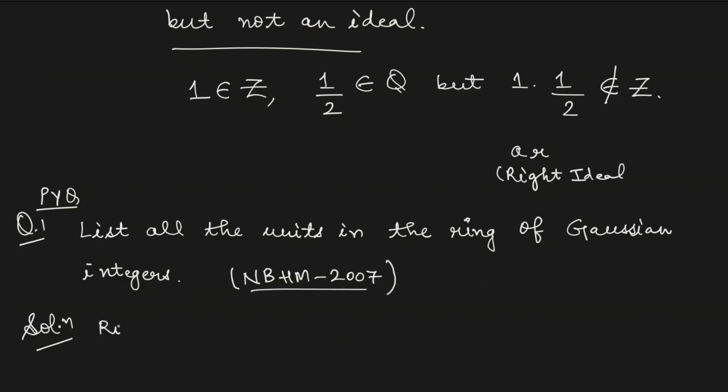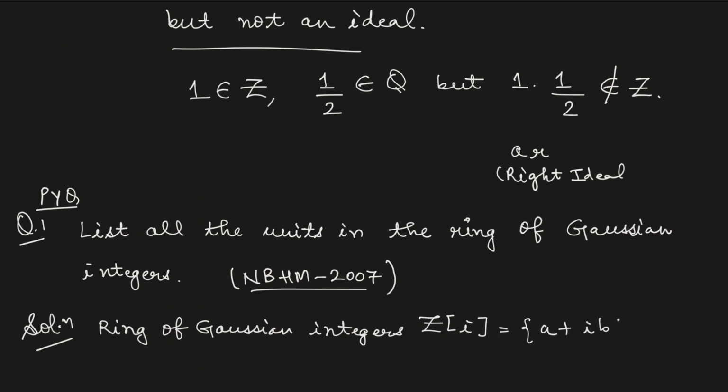Ring of Gaussian integers Z[i] is equal to a plus ib such that a comma b belongs to Z.